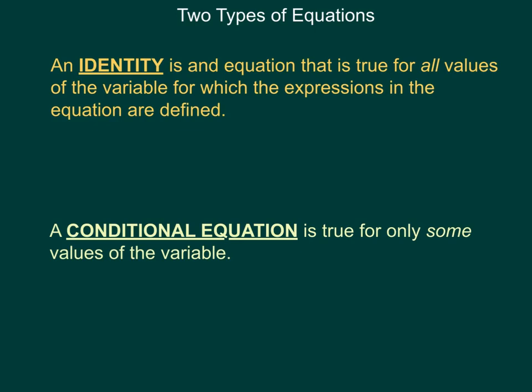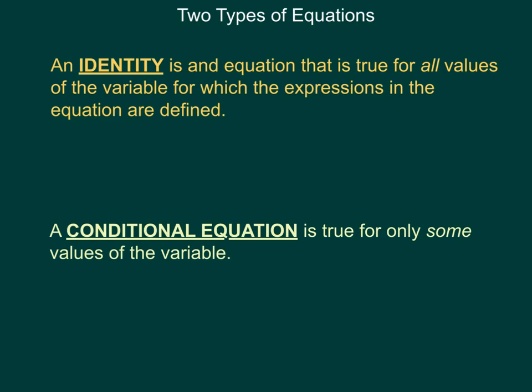Now to start out with, there are two types of equations that we work with. One is an identity, the other is a conditional equation. An identity is an equation that is true for all values of the variable for which the expressions in the equation are defined. For example, you're familiar with some identities other than trig ones.